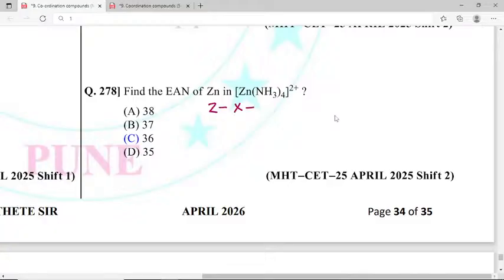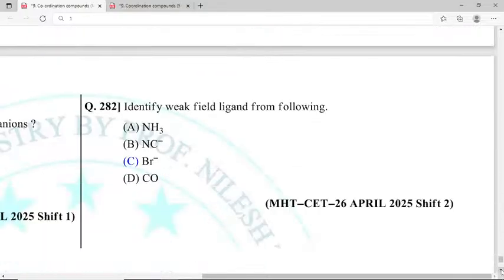Z minus X plus Y. Atomic number for zinc 30, oxidation number plus 2, number of electrons donated 8. So 28 plus 8, 36 is your answer. Effective atomic number 36.